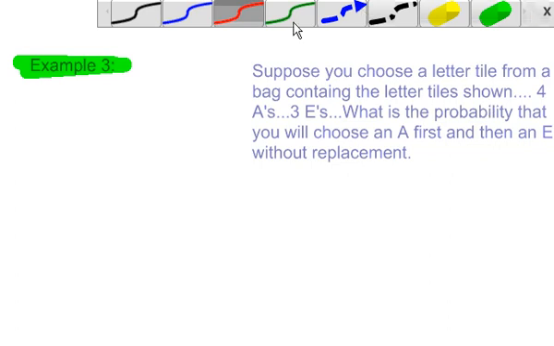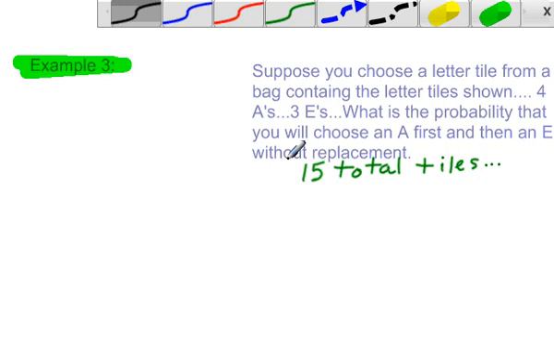And since I didn't write that down, I'm going to write it. 15 total tiles. And in case you're wondering right now, what are the other tiles? It's irrelevant. All we're worried about is the A's and the E's, okay? 4 A's, 3 E's, 15 total. What is the probability that you will choose an A first and then an E without replacement?